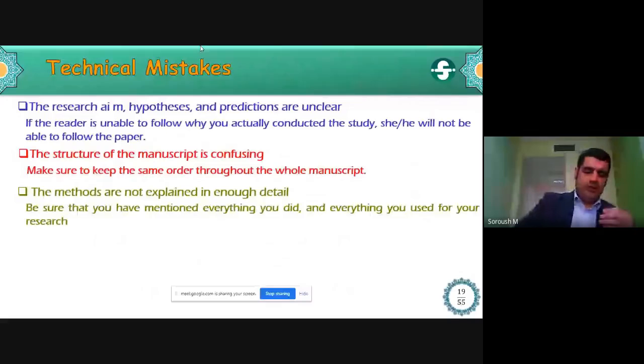Also, we should know that the methodology of the research is defined for the experts in the field to reach to have our research repeatable.